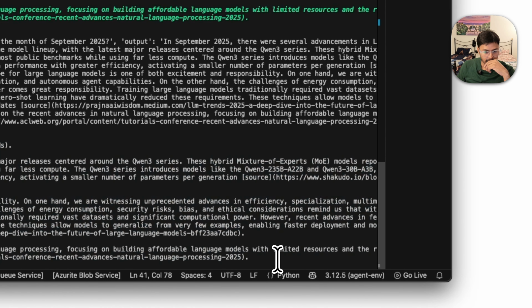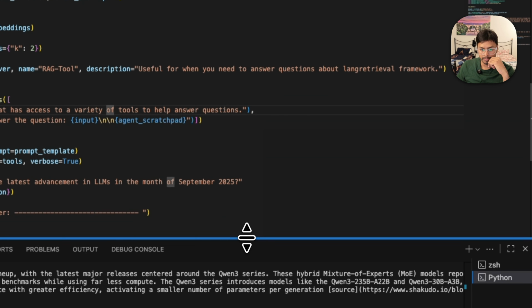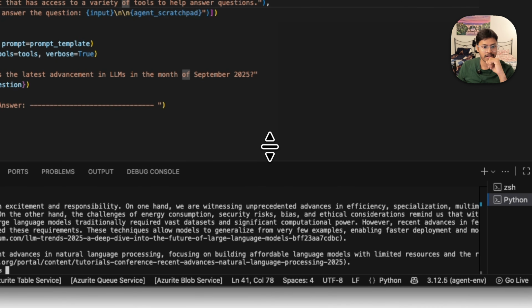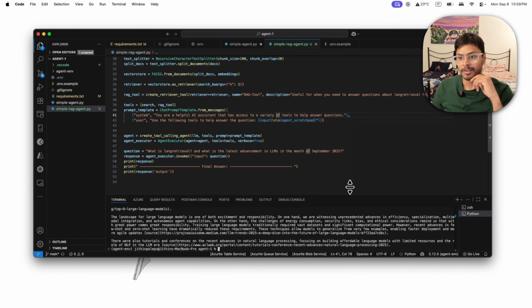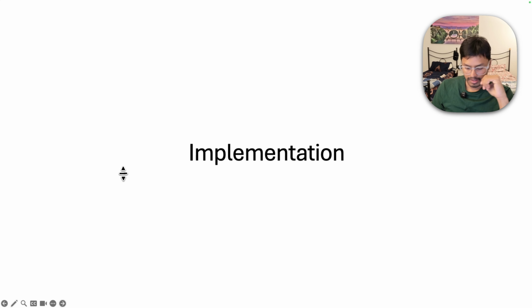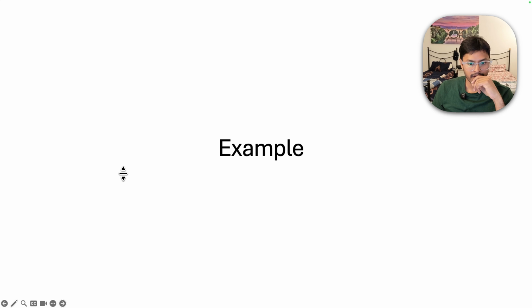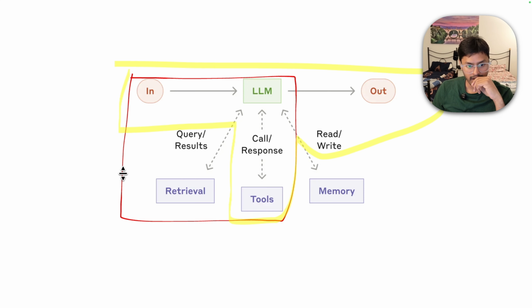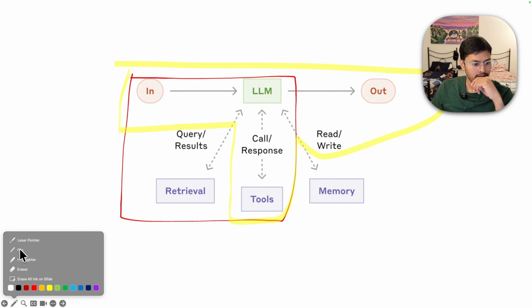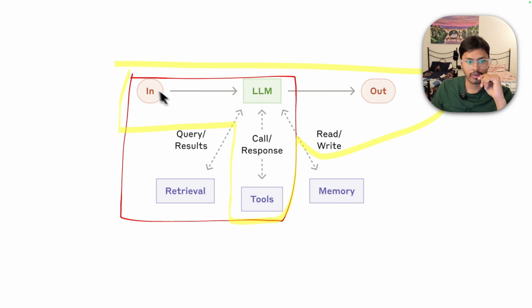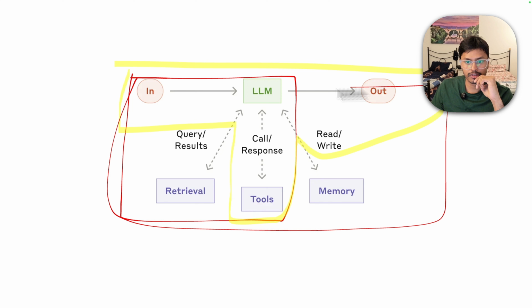And that's how you can build a basic RAG agent. I hope this tutorial was helpful to you, and that's how we can implement our RAG agent. In the next tutorial, we will implement the whole system.